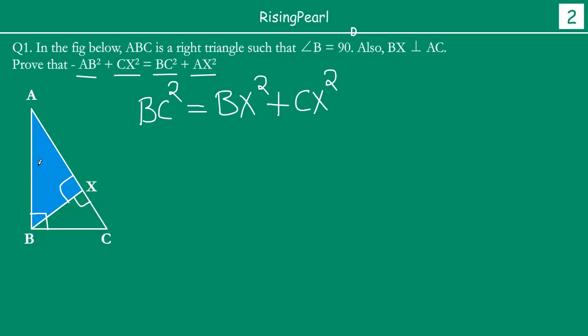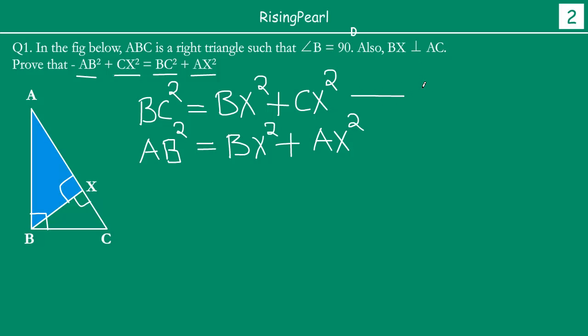So in right angle triangle ABX, AB square, let's write it this way, AB square is equal to BX square plus AX square.